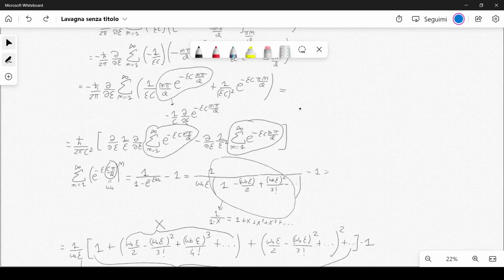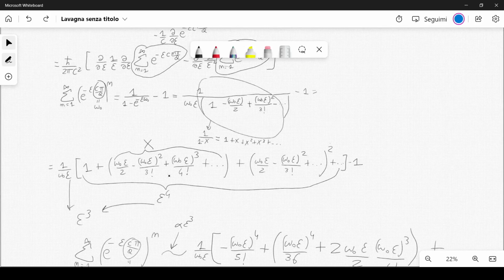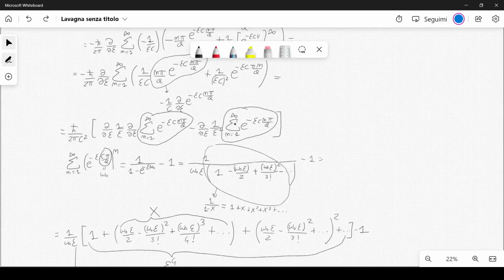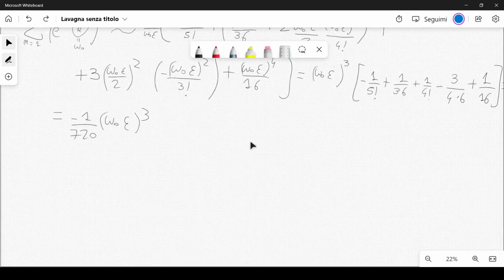So it's the term of third order, because you get fourth order from the square bracket, and when you divide by epsilon, this is of third order. You have to replace it here and here. So you're going to get, on one side, you have to take the derivative with respect to epsilon of 1 over epsilon squared of minus 1. So this is multiplied by minus 1 over 720.